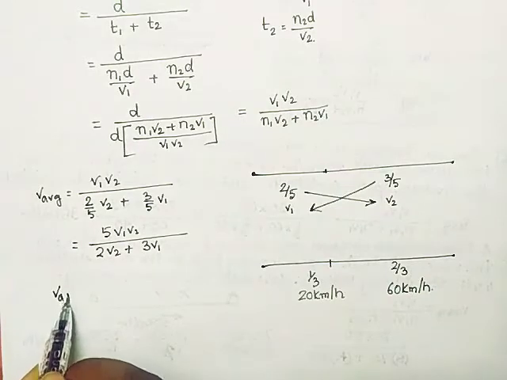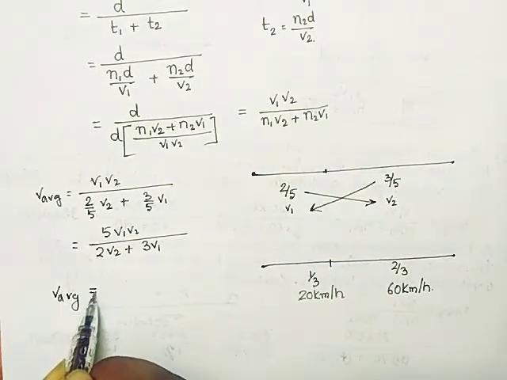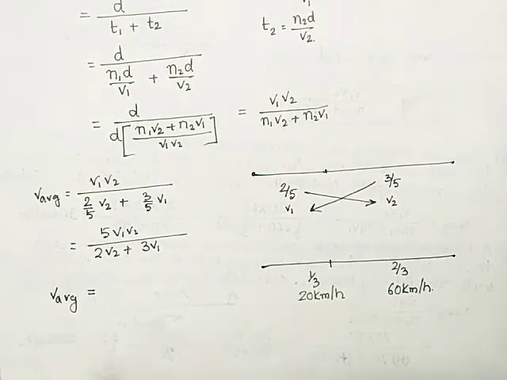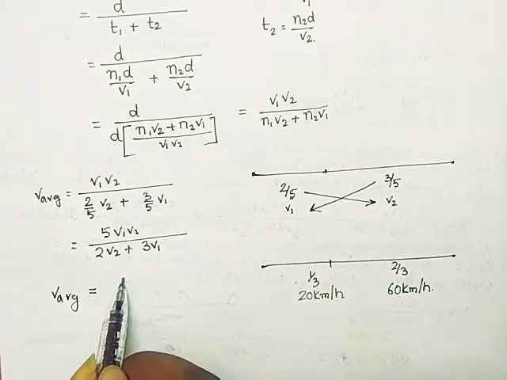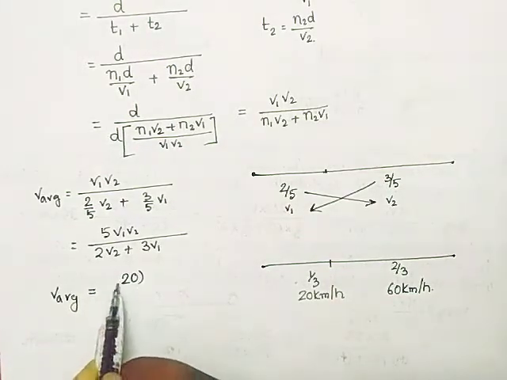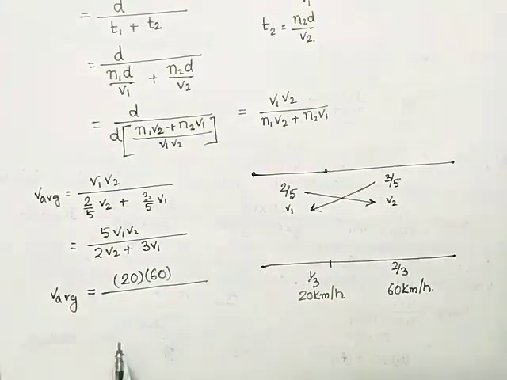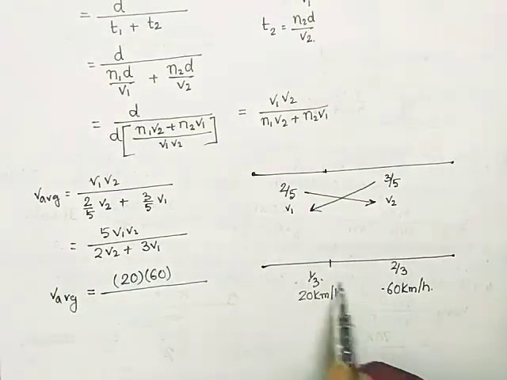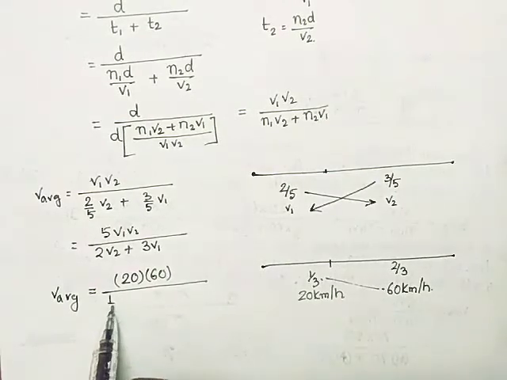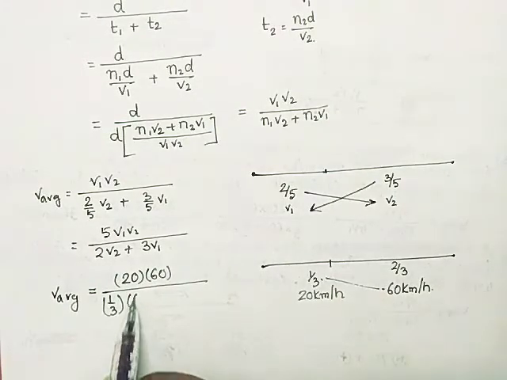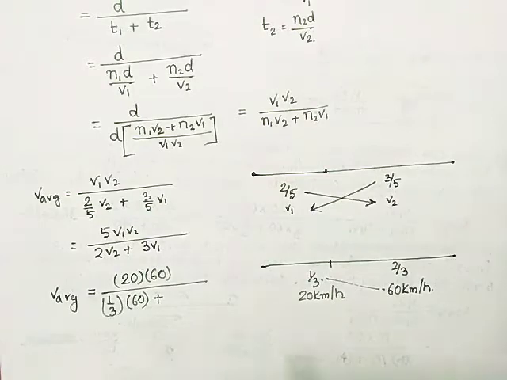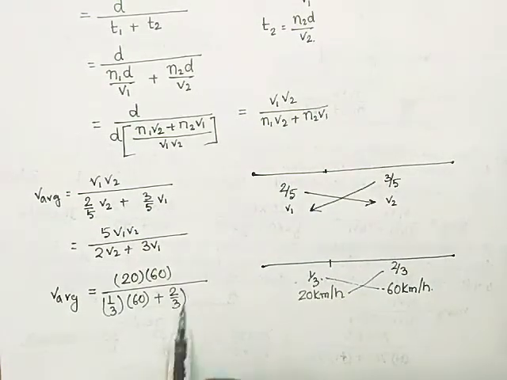Then the average speed v average is equal to the product of the two velocities, 20 and 60, divided by 1/3 into 60 plus 2/3 into 20.